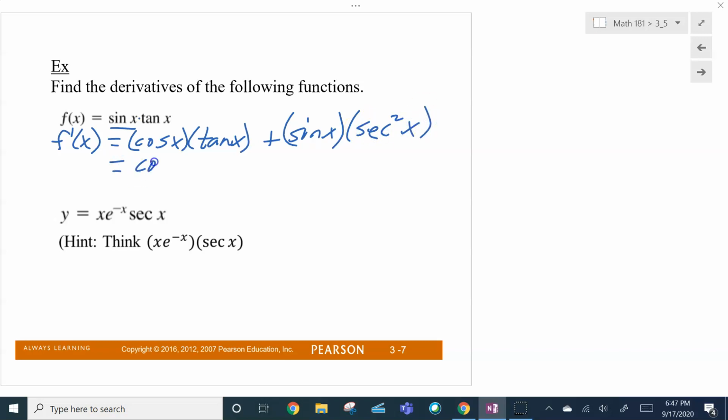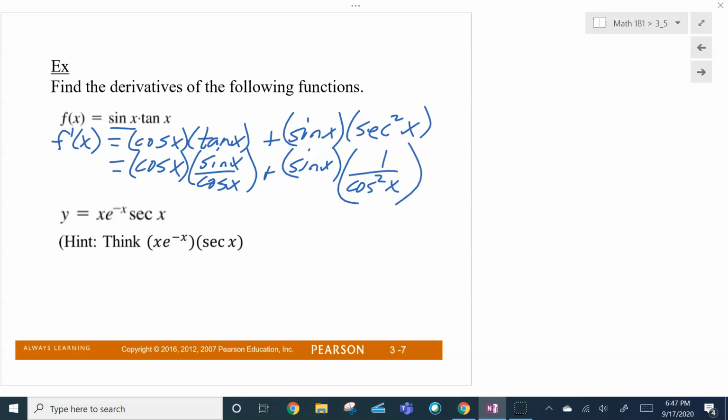Now I want to clean this up. This might not be simplified. So notice cosines cancel right here. So we've got sine plus, and then over here I've got sine over, let me write it this way, sine over cosine, and I've got a 1 over cosine, right?